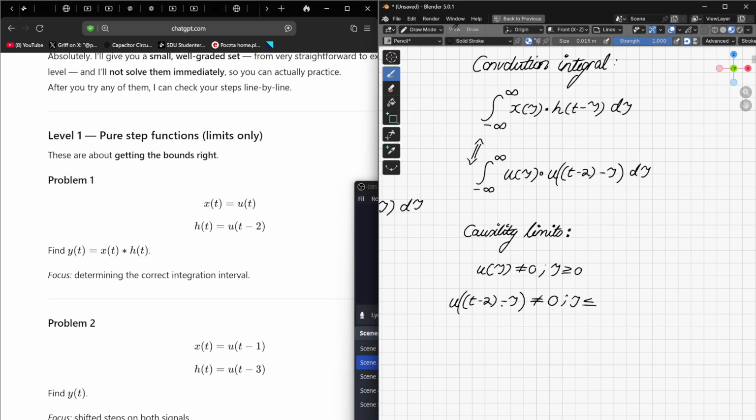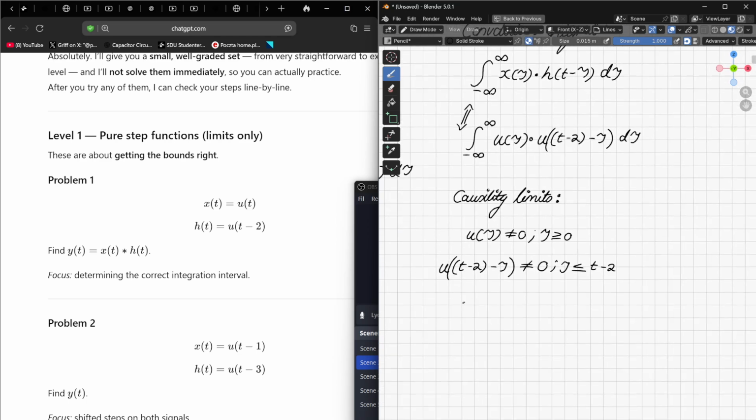So I guess it needs to be less than t. But here it's t minus 2. I mean, wouldn't it just be t minus 2? I think. I'm not too sure. Possibly.